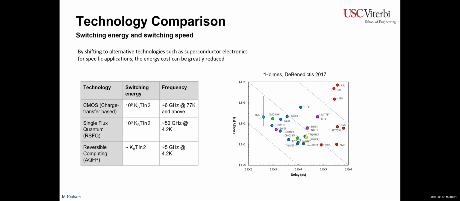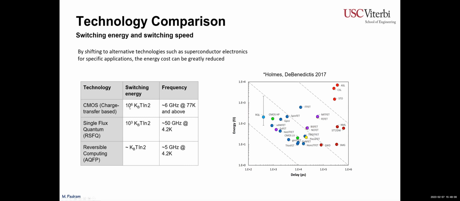And the main reason for this interest is that if you look at just the switching energy consumption, CMOS versus single flux quantum versus reversible computing. So 10 to the 6 kT ln 2, this is the minimum. You have to be at least 3 times that to have a signal value that you can detect.